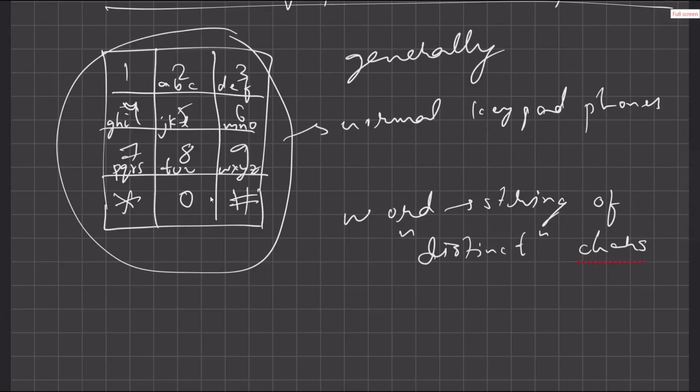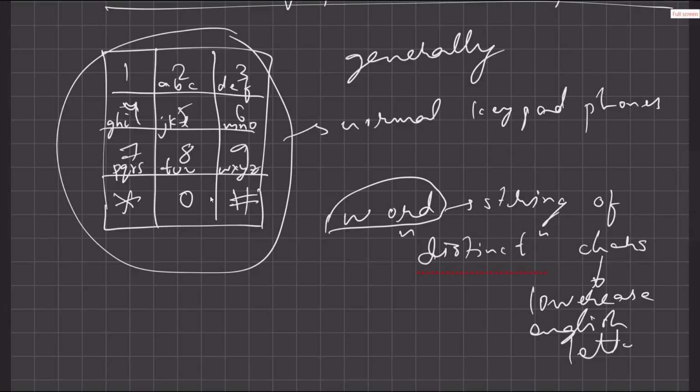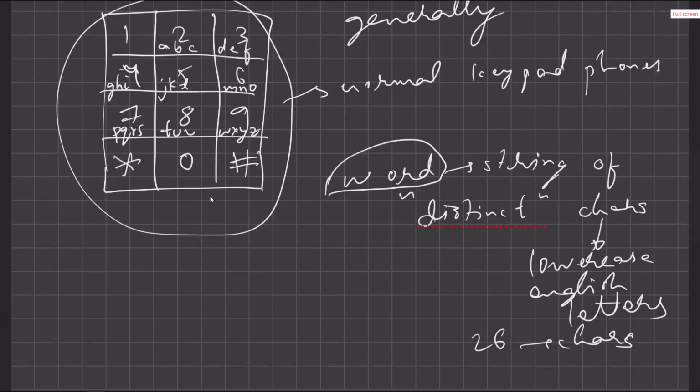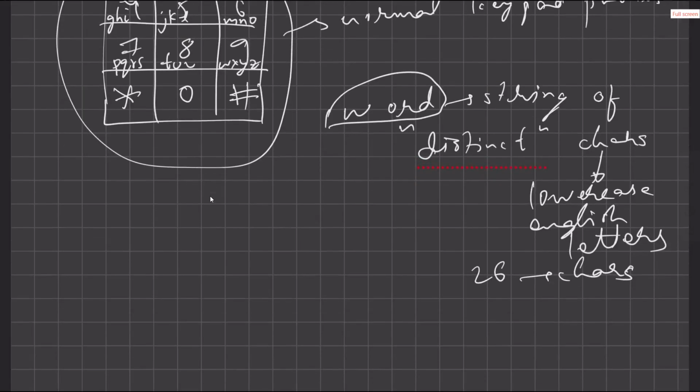Meaning in the string word, all the characters are unique and the characters are lowercase English letters, which means we have just 26 characters. So in total, the word length is going to be at max 26, not more than that.